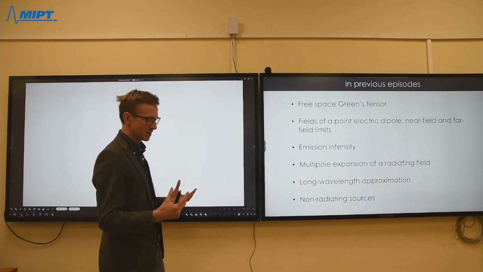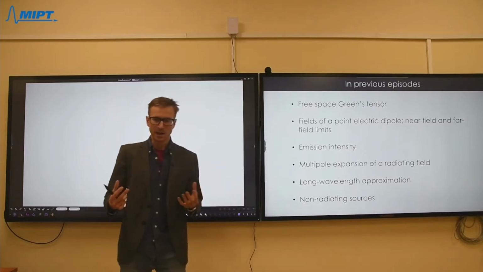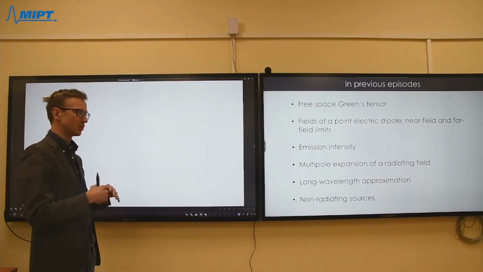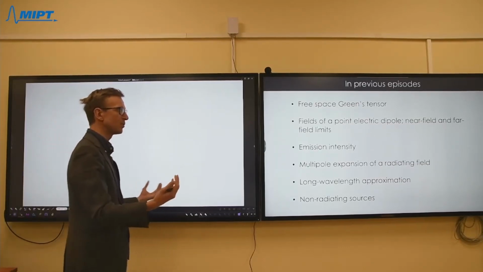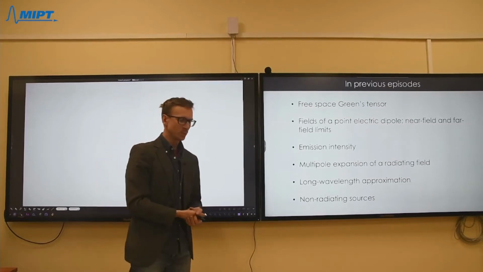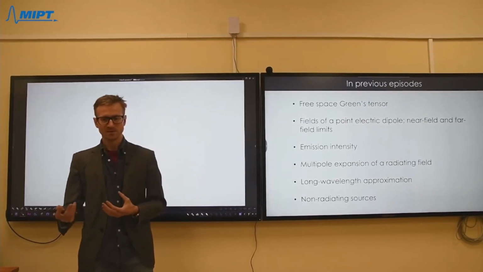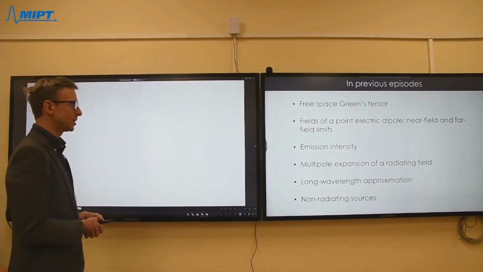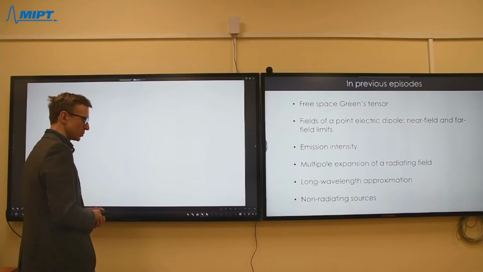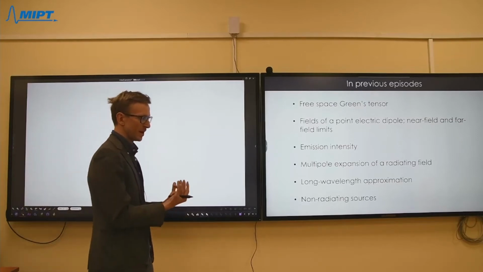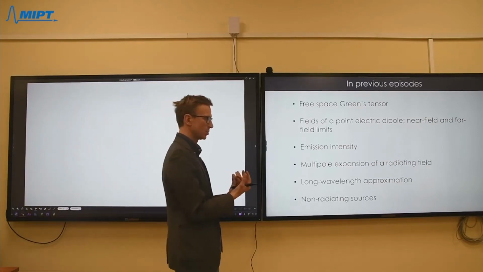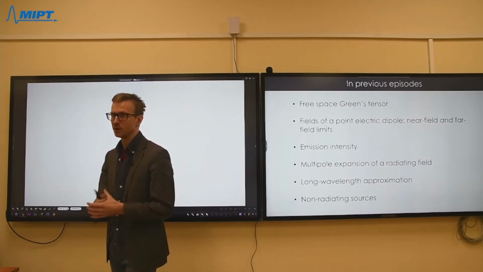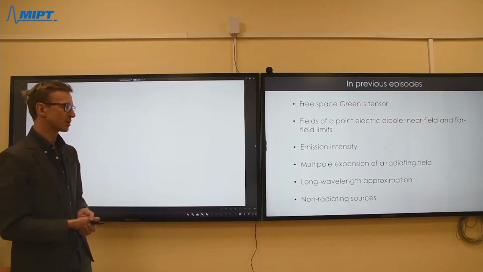We studied in detail the spatial fields that this dipole creates. Using this Green's tensor, we calculated the total emission intensity of a point dipole, and then using the expansion of these fields into a set of vector spherical harmonics, we developed a tool called multipole expansion, which allows us to quantify the angular distribution of the electromagnetic field created in free space by an arbitrary set of electric currents and charges.